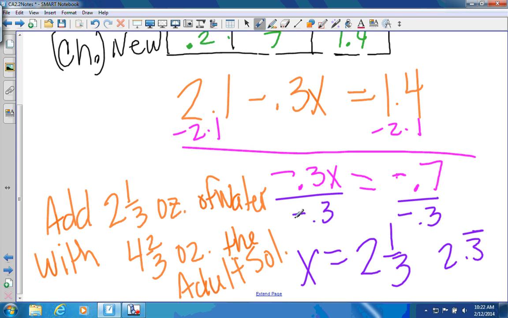And that will give you the proper 20% solution for a child.